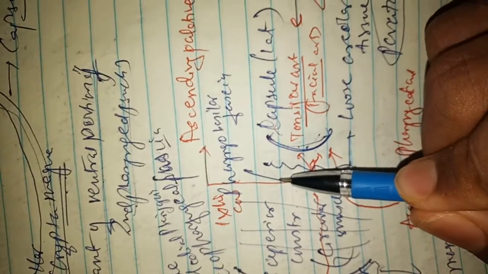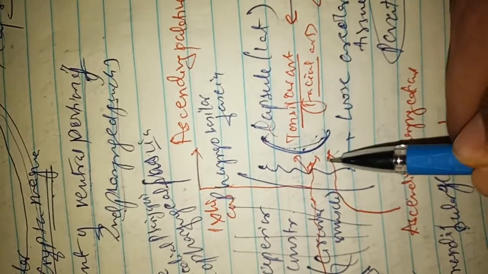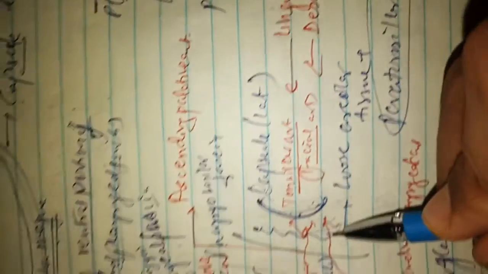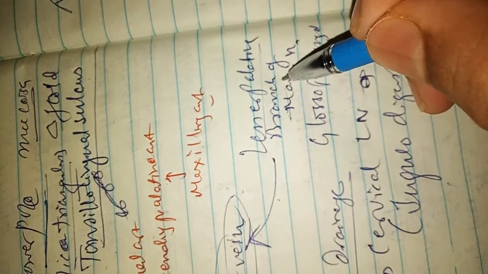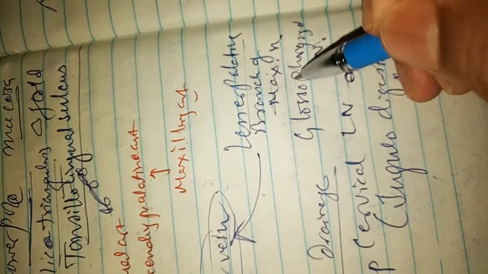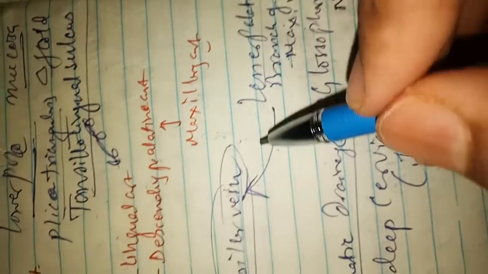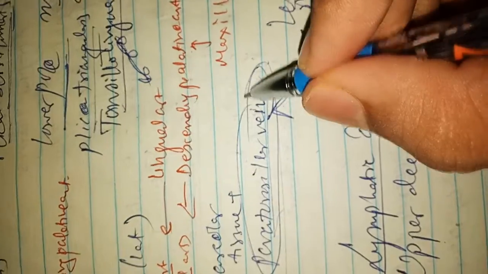In between the pharyngobasilar fascia and the capsule, there is a tonsillar venous bed with loose areolar tissue. This is the paratonsillar vein, which is a lesser palatine venous branch.